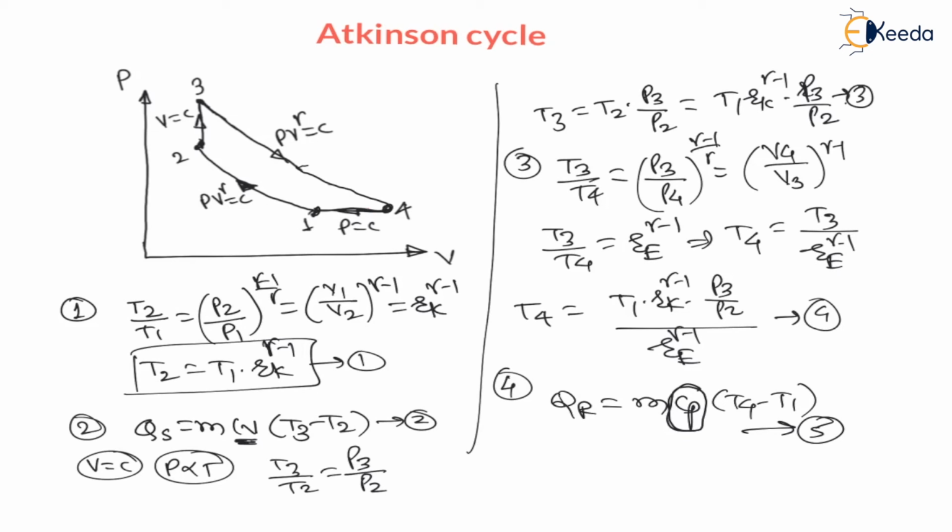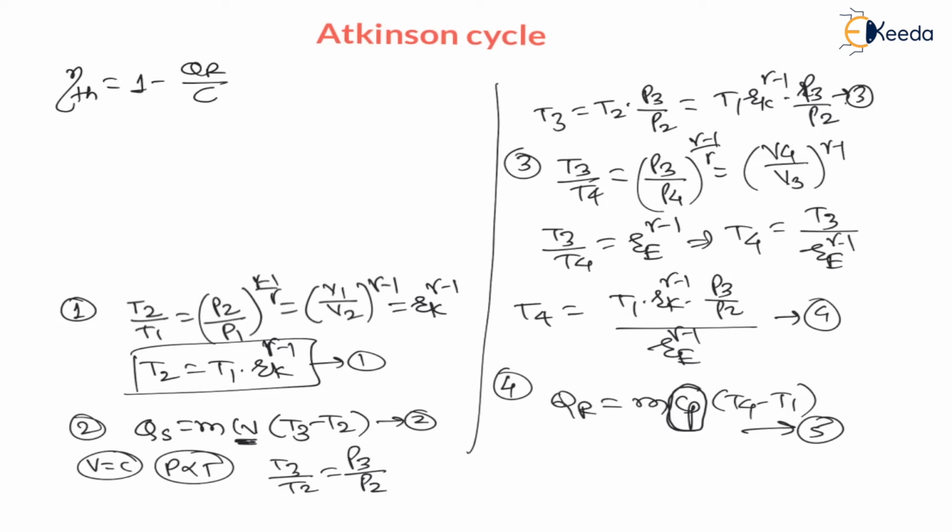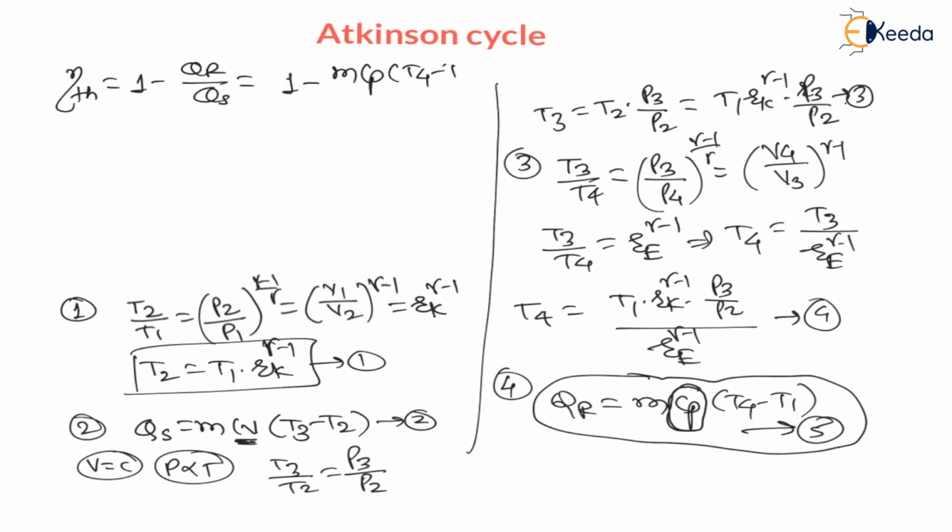So my dear students, let us find the efficiency. Efficiency for any cycle is nothing but 1 minus heat rejected divided by heat supplied, which we have already seen. Thermal efficiency of this Atkinson cycle is equal to 1 minus heat rejected divided by heat supplied. Heat rejected from equation 5 is m Cp into T4 minus T1.